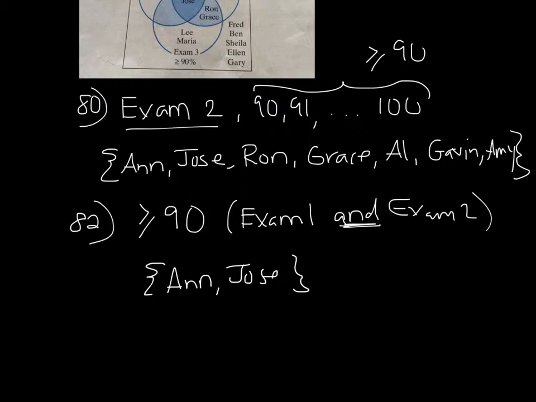So let's try 84. We have the set of students who scored 90% or above on exam 3 and not on exam 1.